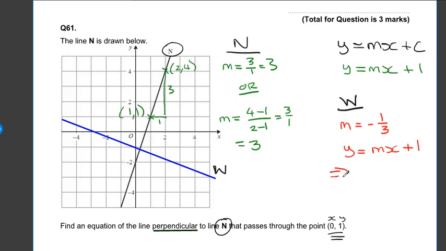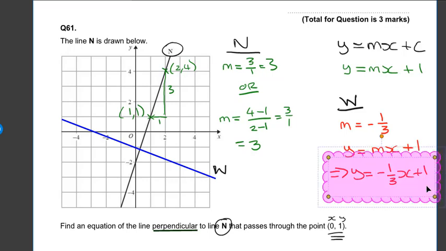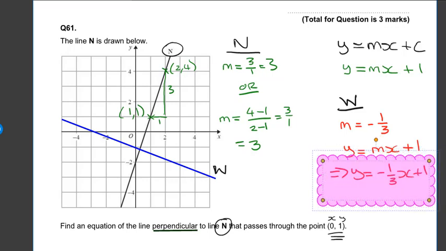That implies y equals minus a third x plus 1. Done. Easy. That question was quite easy. I think it was easier than the previous one. So that's that. That's it.